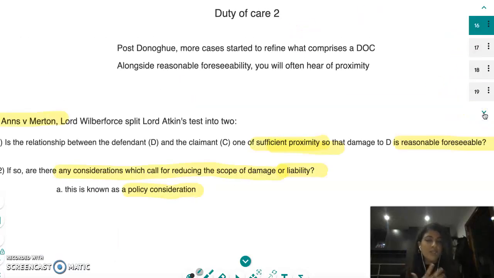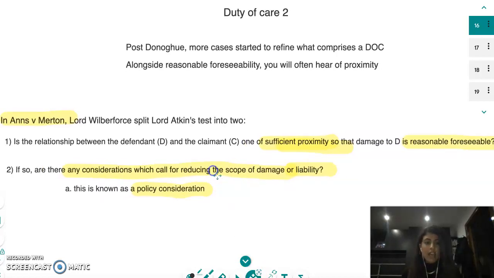Okay, so now we've looked at the basic origins of the duty of care. We can look at how the court started to develop this duty of care and refine it over time. So now, we don't just hear of this reasonable foreseeability which Donoghue and Stevenson introduced, we start to hear of this word proximity. And proximity is kind of an elusive term.